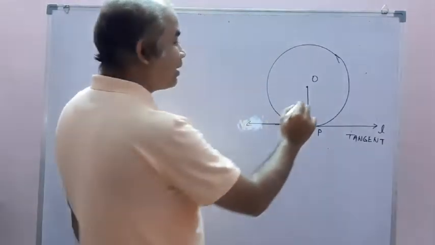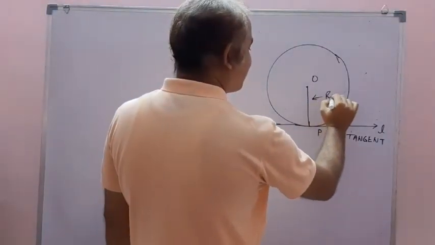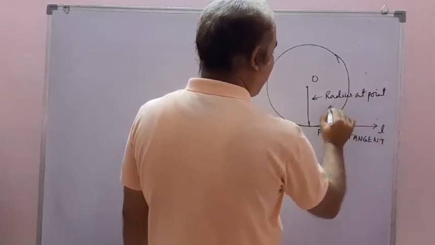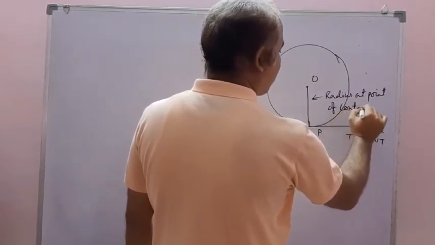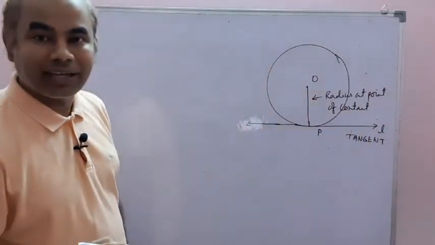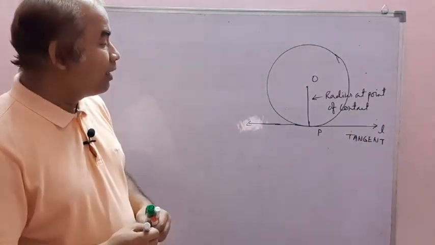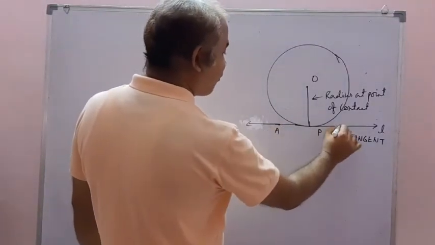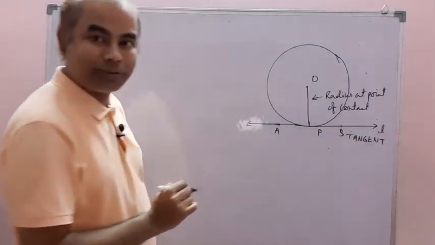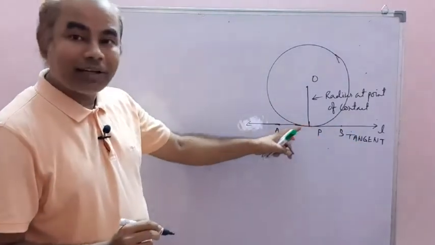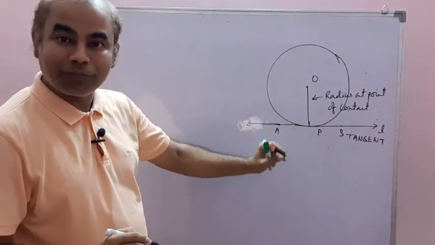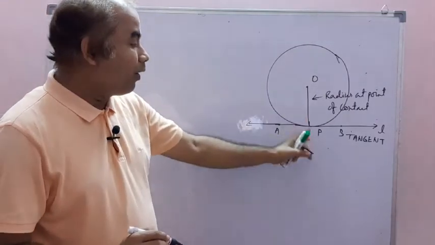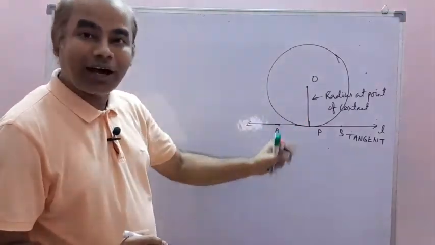So I can call it the radius at point of contact. Now any other point on the line, if I take it, say point A, point B, point C, etc., as the tangent intersects the circle at only one point, they have only one point common, and that is the point P. So only point P is on the circle, other points are outside the circle.